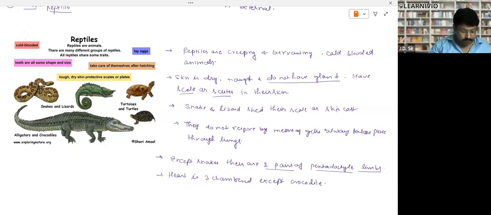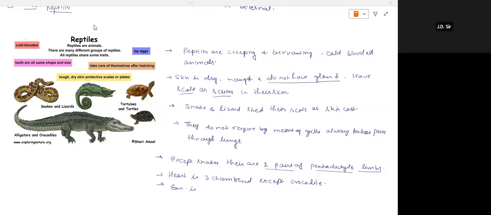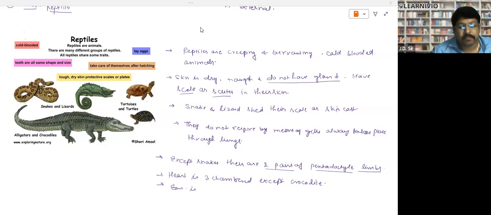So crocodile is the exception that has 4 chambers, like us. How many chambers of heart does a crocodile have? 4 chambers. That is the exception.